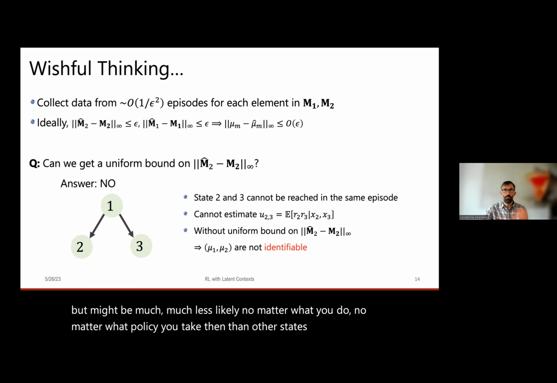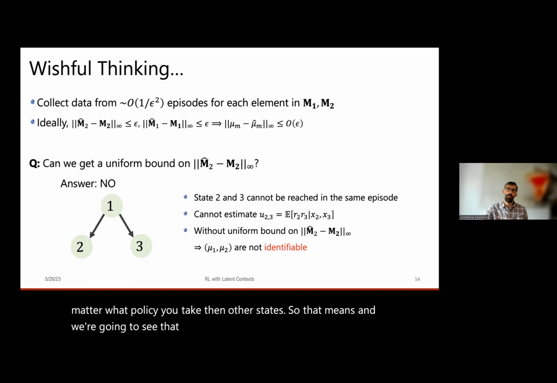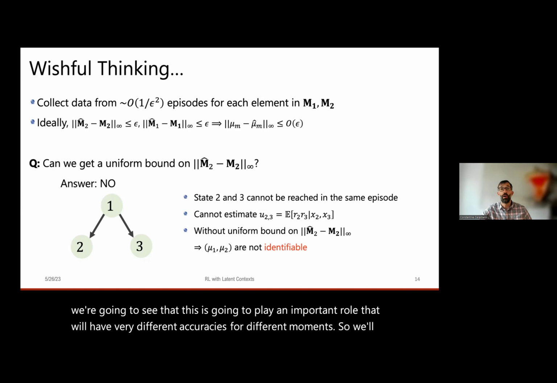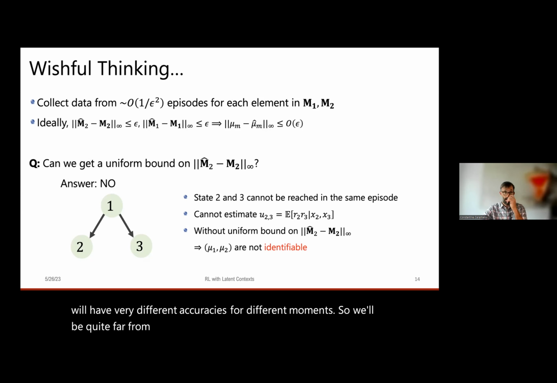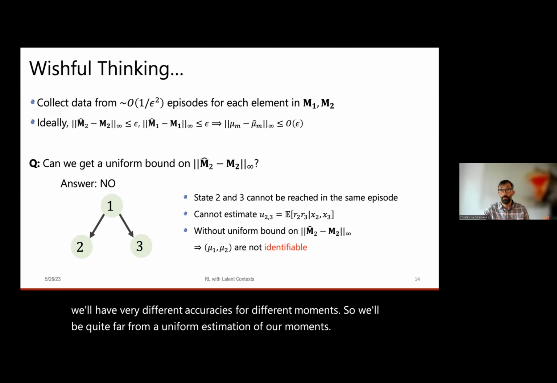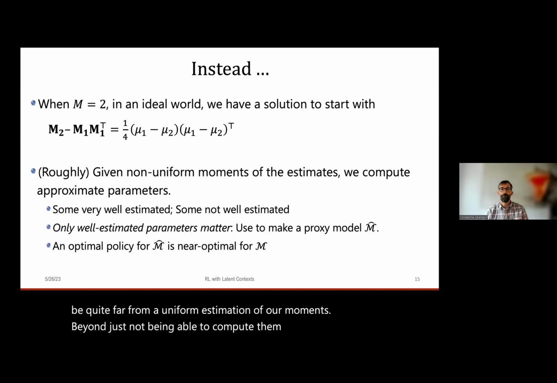So that means, and we're going to see that this is going to play an important role, that we'll have very different accuracies for different moments. So we'll be quite far from a uniform estimation of our moments, beyond just not being able to compute them exactly. But for n equals 2, we can actually make some progress.